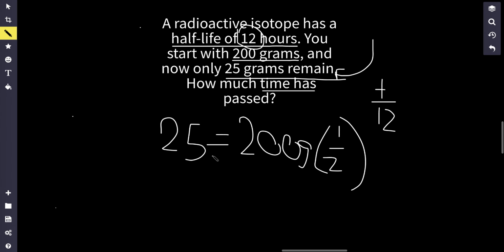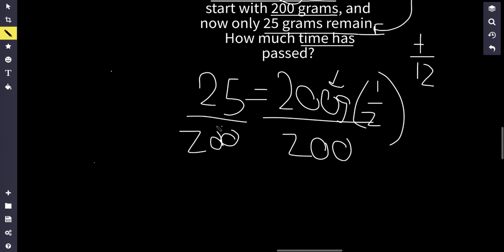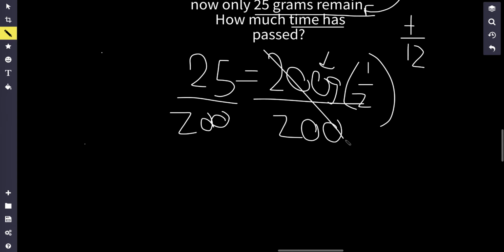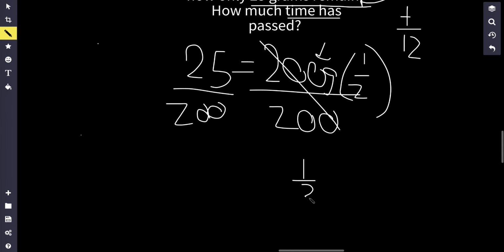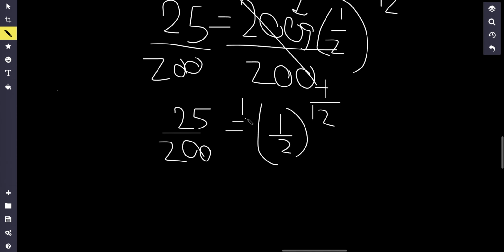What we're going to do is divide both sides by 200. This is 200 grams, by the way. So the 200 cancels out, and you get 1/2 to the t divided by 12 power is equal to 25 over 200. Now I can take ln of both sides. Ln is the natural log.